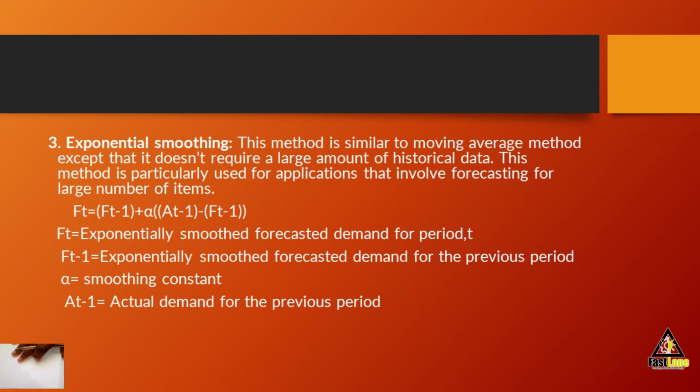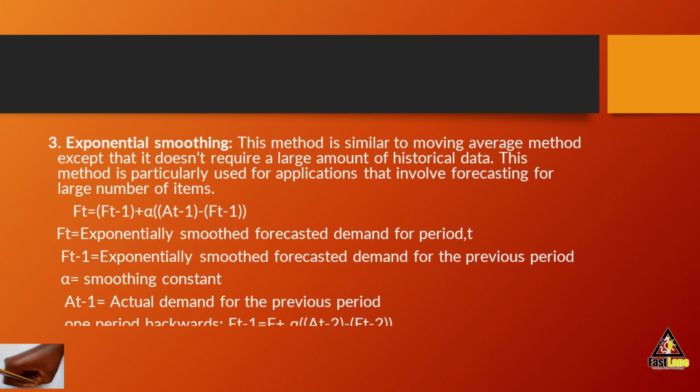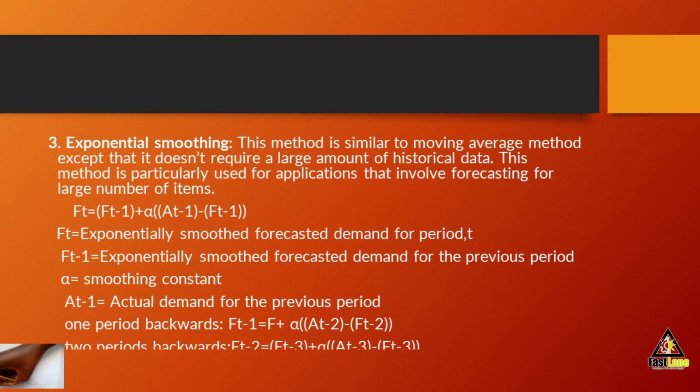So the formula for exponential smoothing is F_t equals F_{t-1} plus alpha into A_{t-1} minus F_{t-1}. That is our formula for exponential smoothing.